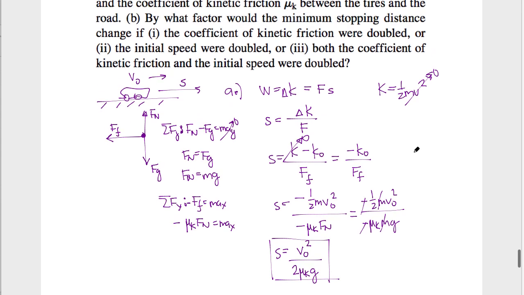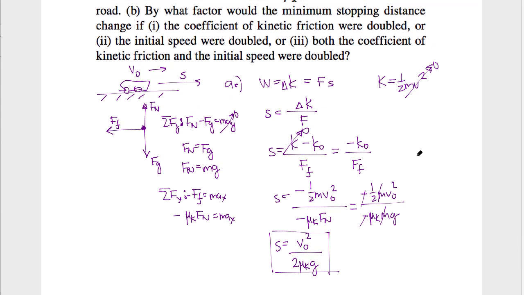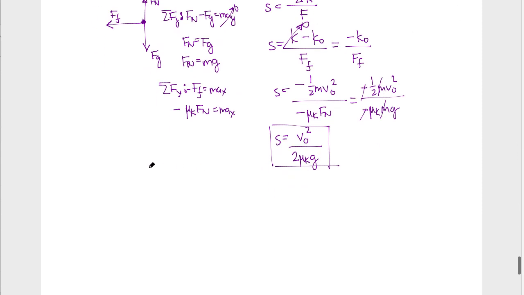Now B says, by what factor would the minimum stopping distance change if the coefficient of kinetic friction were doubled? So let's go ahead and start B here. So if mu k doubles, what happens to the stopping distance?